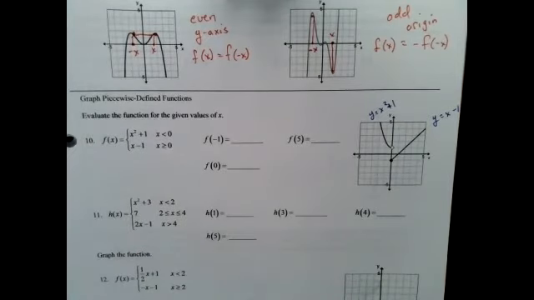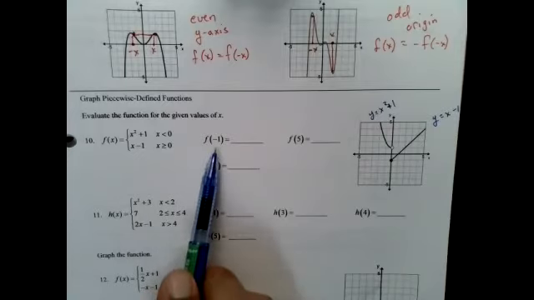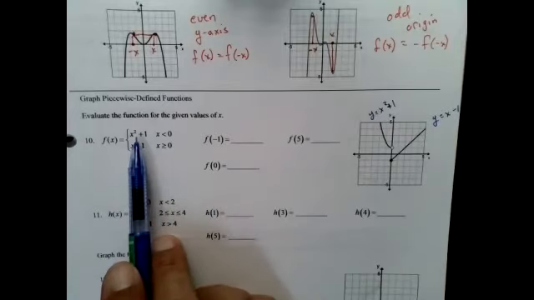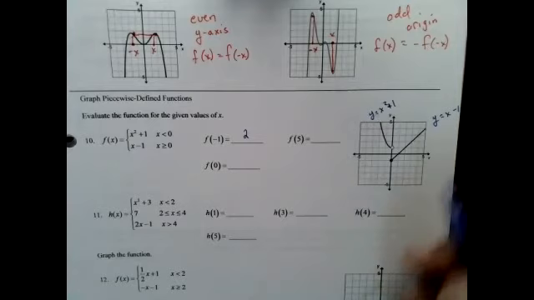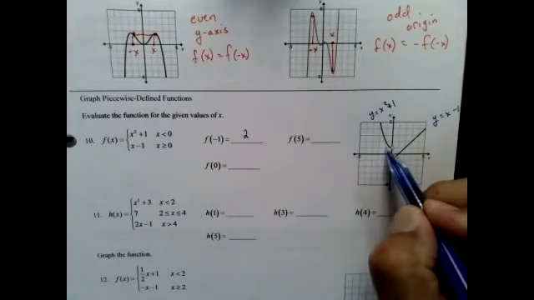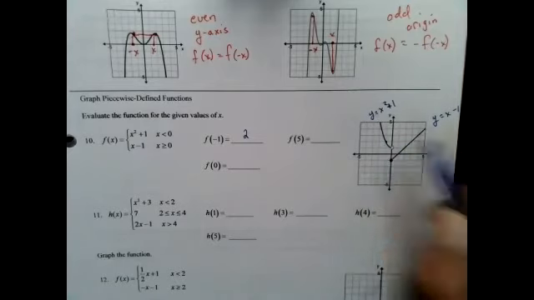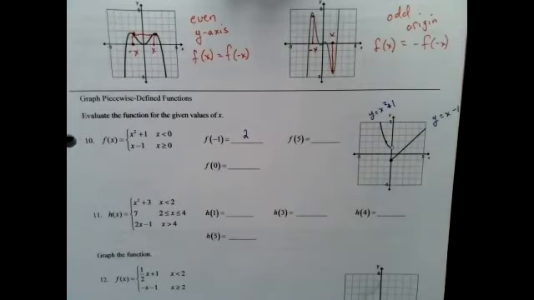I plug -1 in. What were my profits? I can plug it in and do the calculations and get 2. This is an excellent graph. If I go to -1, I can come up and see that it's at 2 as well.